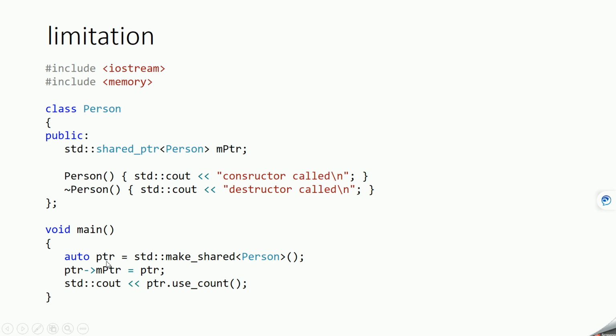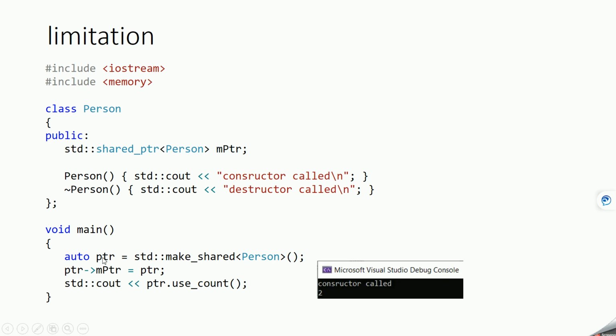So first, when you run this program at this line of code, it will create a memory for this ptr, and the output of this program will be constructor called and 2, but destructor is not getting called because there is a circular dependency problem which is stopping us from deleting the memory. Okay, let's see what is happening in this program.